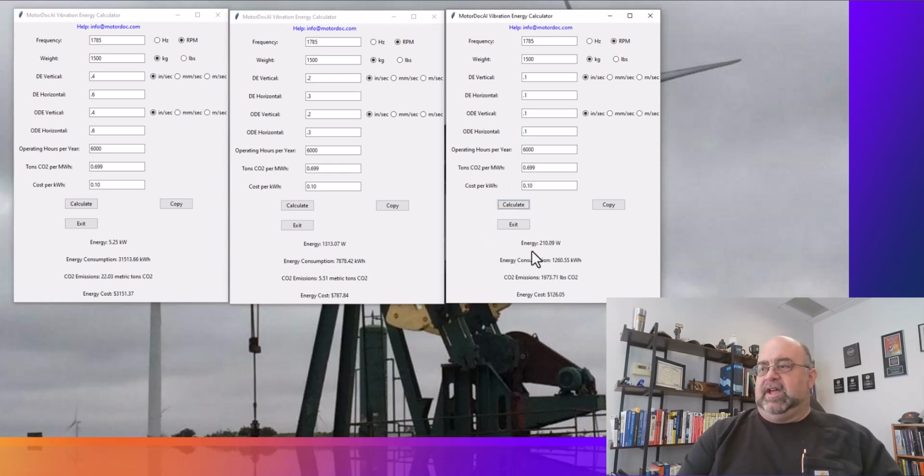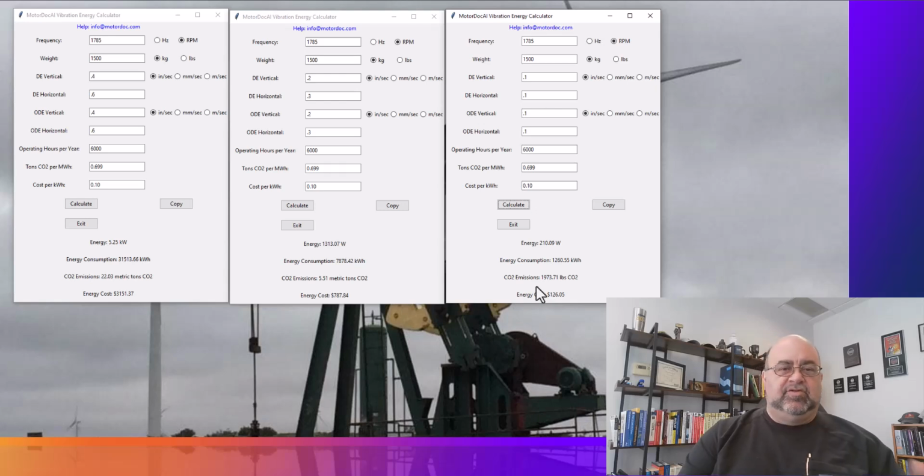So this is yet another huge leap, right? By reducing it by just over half, we now go from 1,300 watts down to 200 watts. That's 1,250 kilowatt hours. That brings us down to $126. And then we're also dropping now down into pounds.